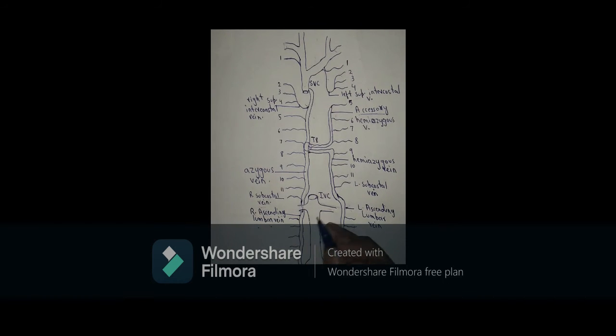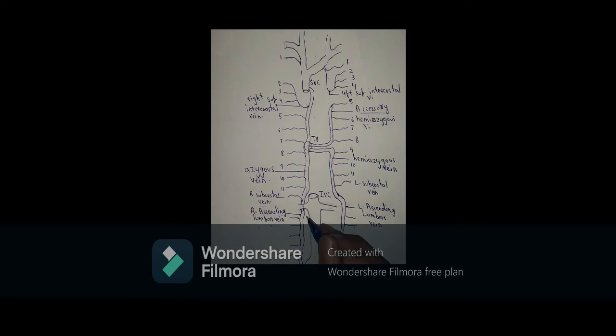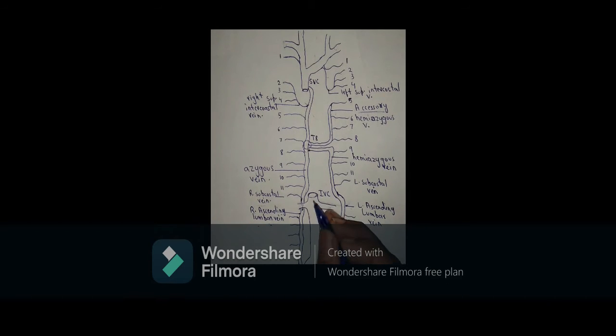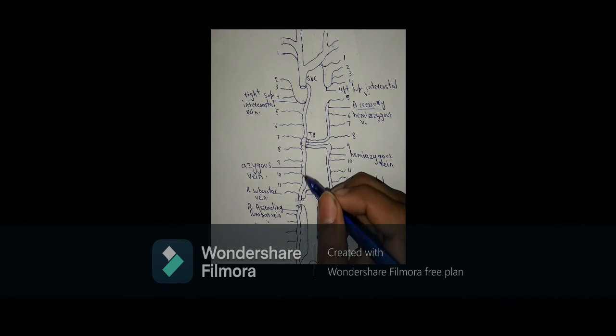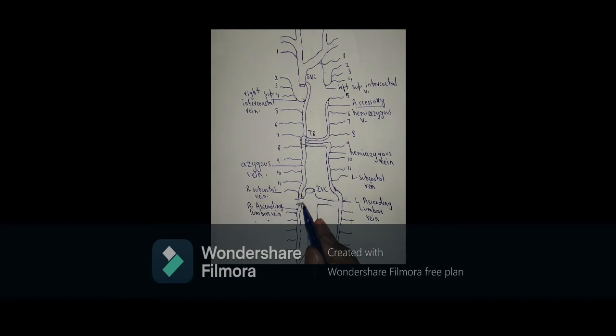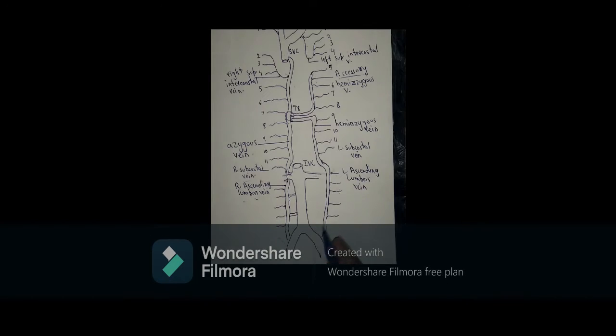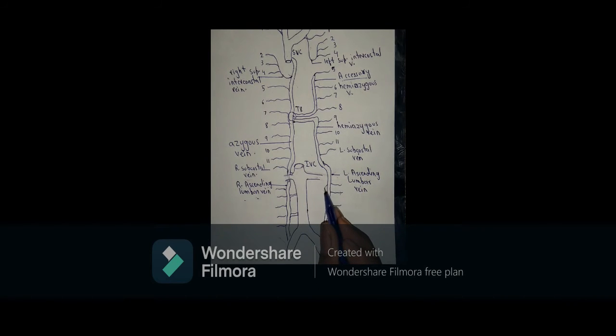Now the inferior vena cava and the superior vena cava are connected by the azygous vein. Right here you can see they are connected with the azygous vein, and also the lumbar branches anastomose with this area of the inferior vena cava on both sides.